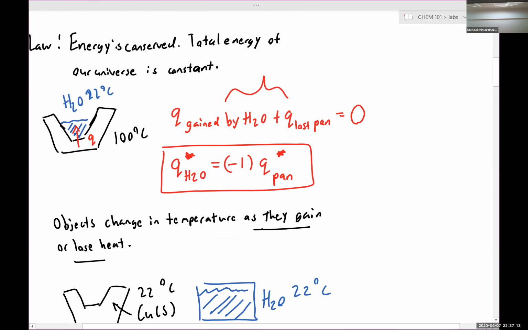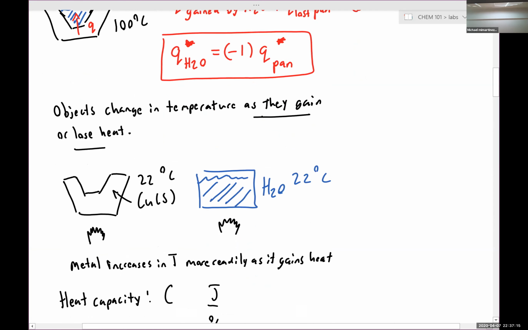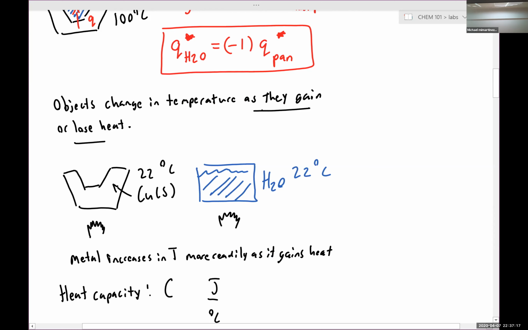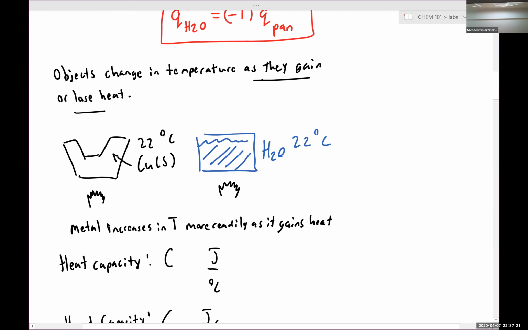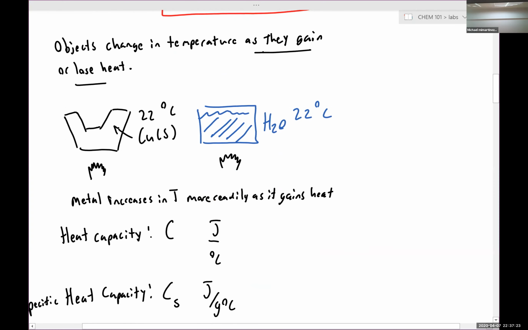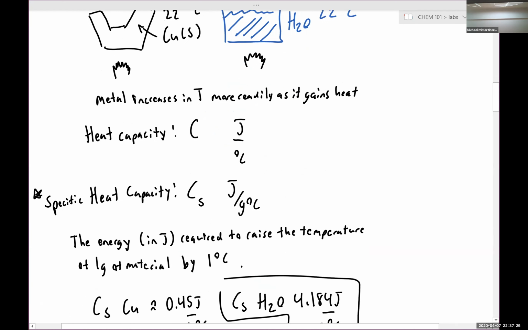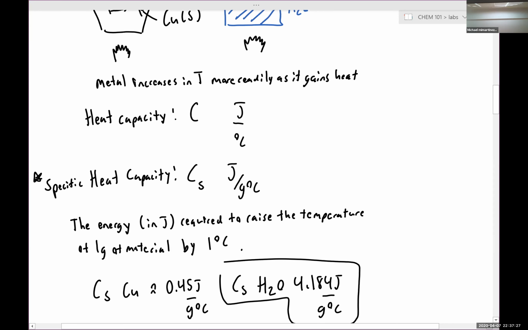Continuing on with our overview, we can describe how readily an object changes temperature as it gains or loses heat using the heat capacity and specific heat. So the specific heat, C_s, has the units of joule per gram degree Celsius, energy per gram degree Celsius, and it describes the energy required to raise the temperature of 1 gram of material by 1 degree Celsius.